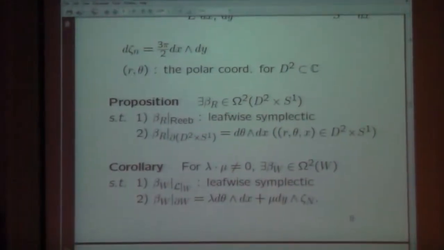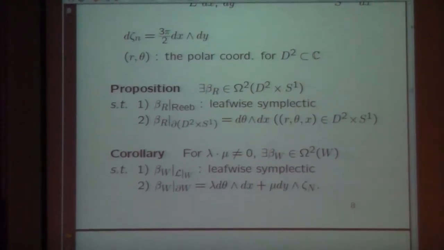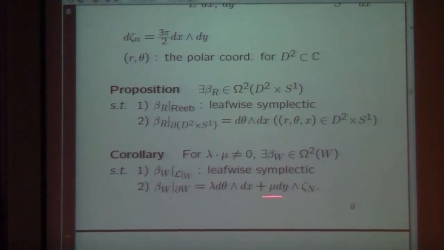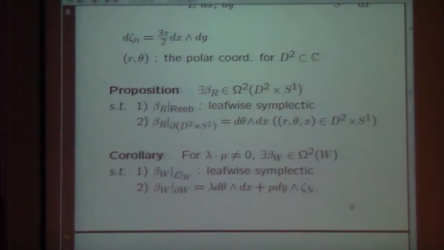So we have constructed a d-phi symplectic form on the tube component, which restricts to this one, and we have a free choice for lambda and mu on the Kodaira-Thurston boundary leaf. Okay, is it all right?